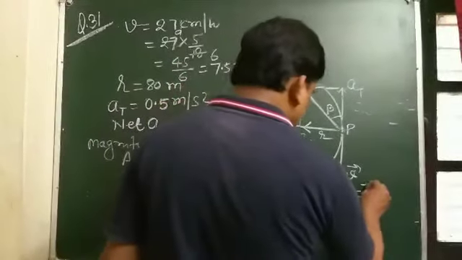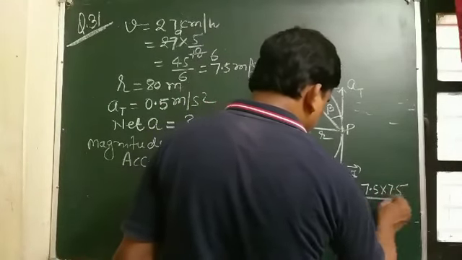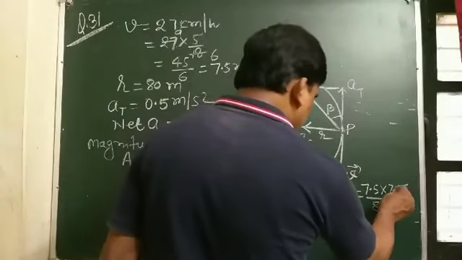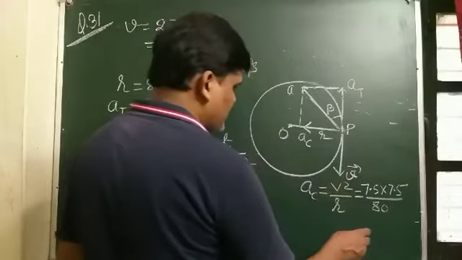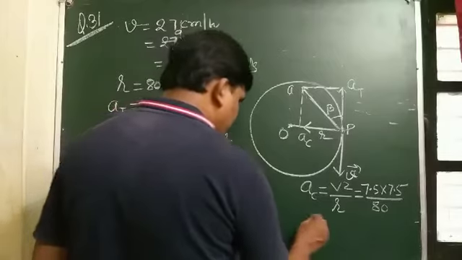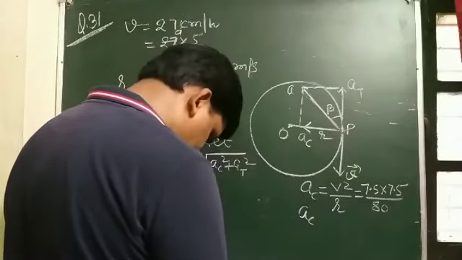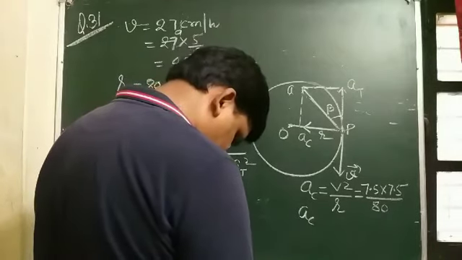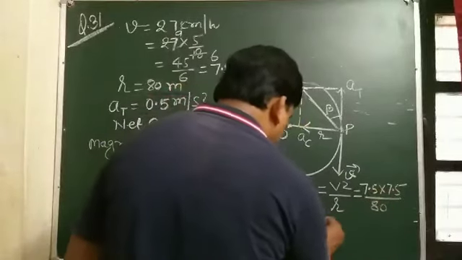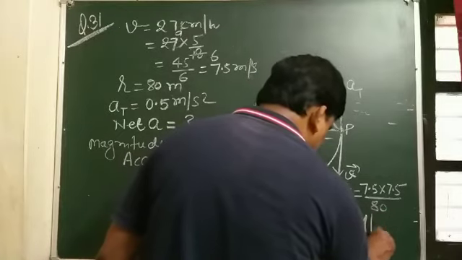And V square is 7.5 into 7.5 divided by 80, students, V square by R, and after solving this, AC comes out to be 0.7 meter per second square.